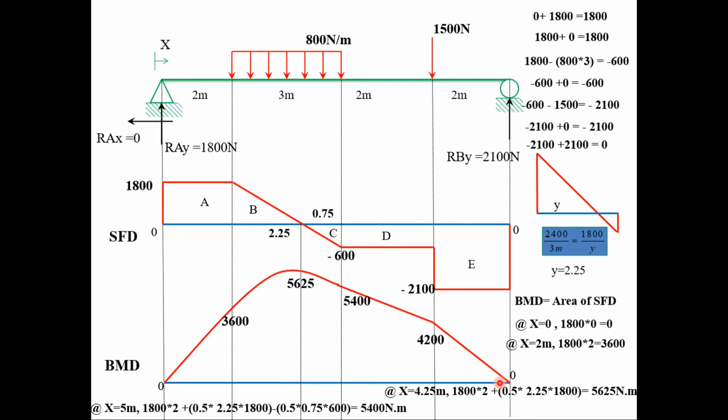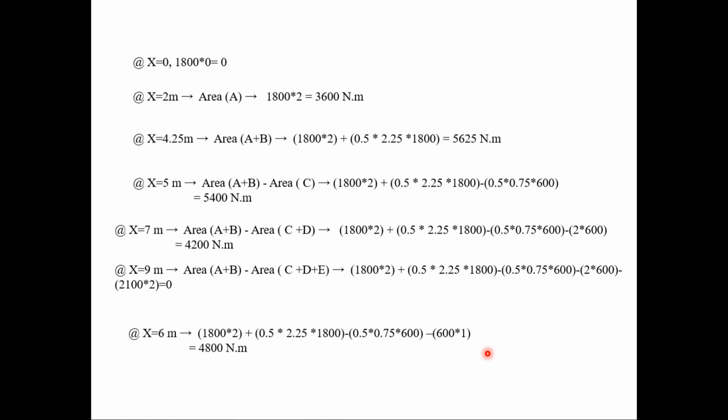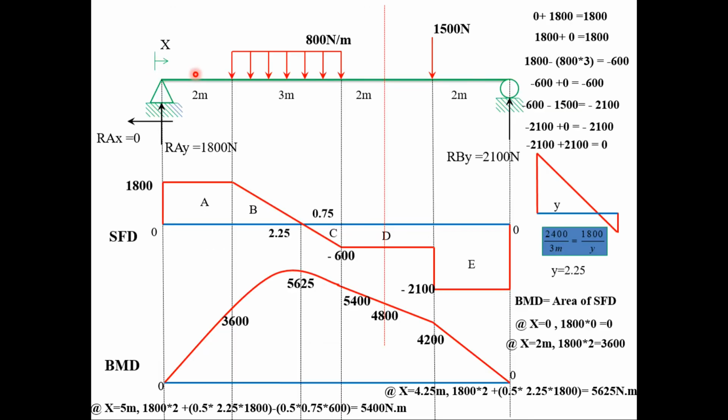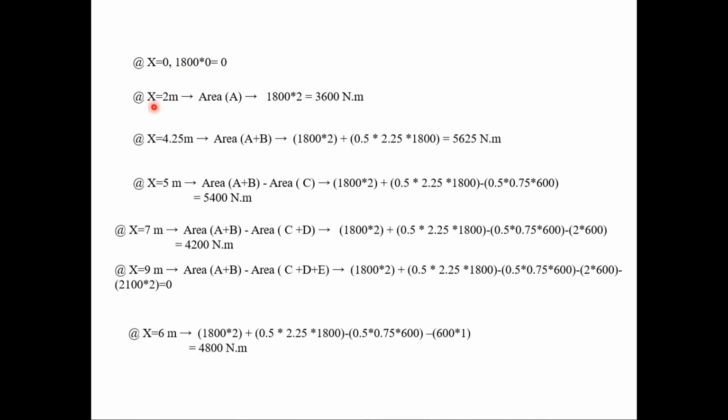So to summarize, at x equals 0, we'll have 1800 times 0, it will give us 0 value. At x equals 2, it will be the area of region A. The area of this rectangular region will be 1800 times 2, it will be 3600.